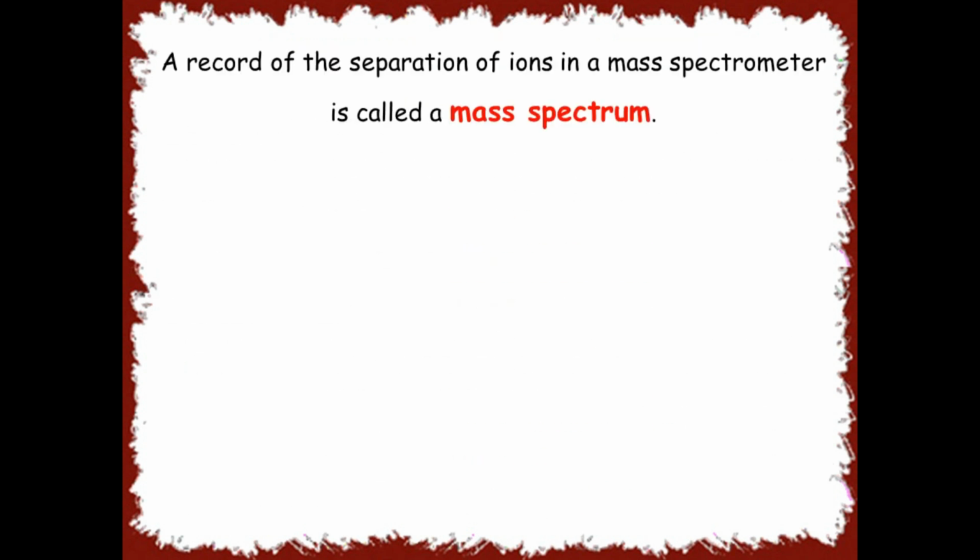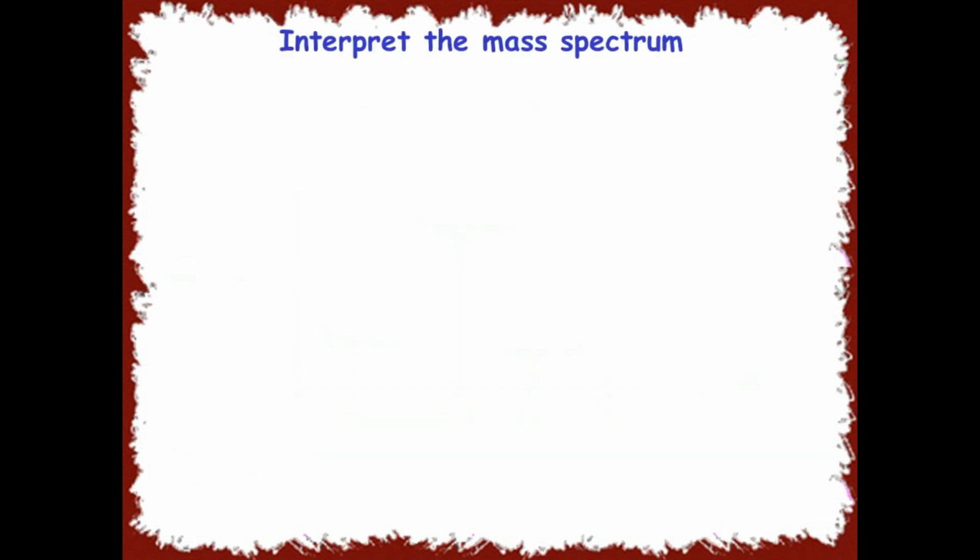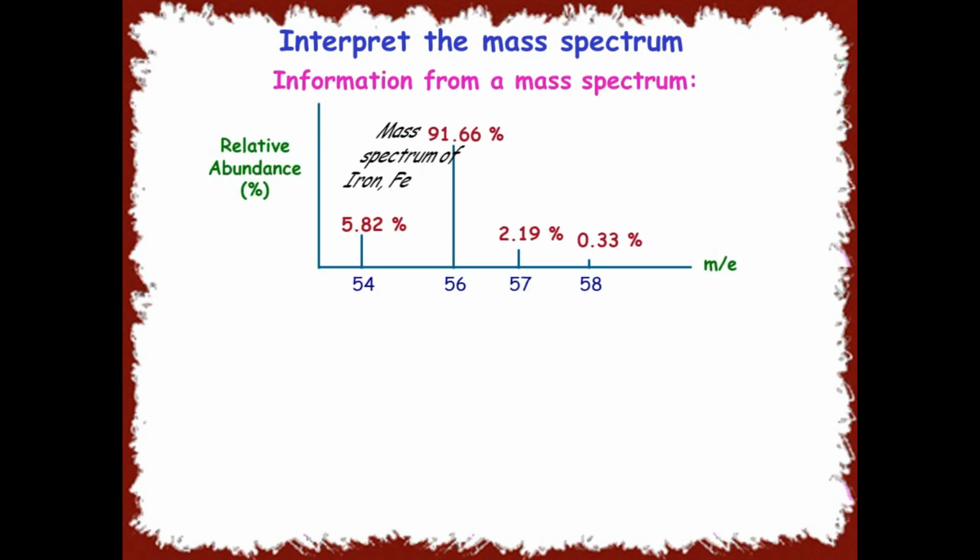A record of the separation of ions in a mass spectrometer is called a mass spectrum. It is a mass spectrum of iron. Let's interpret the mass spectrum. The spectrum consists of relative abundance against mass over charge, m/e.